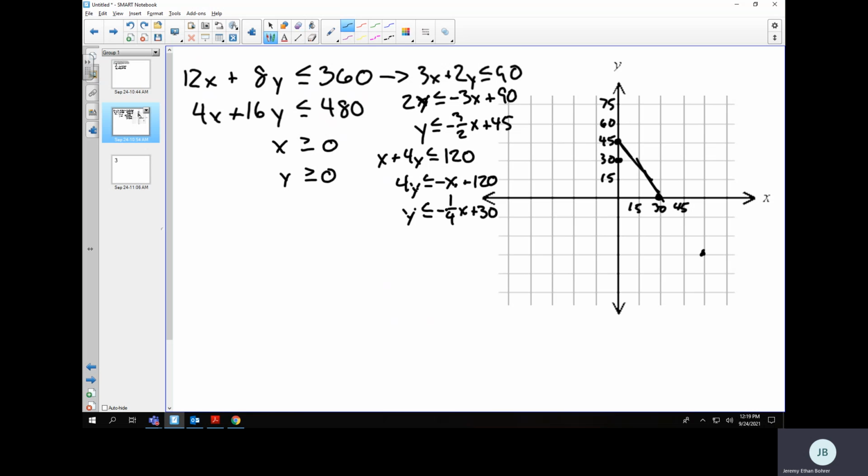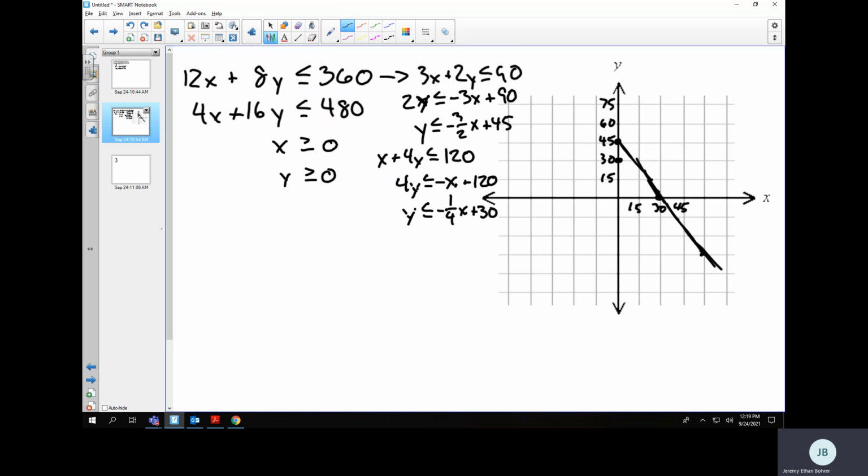And since we know everything has to be greater than or equal to 0, it doesn't really matter if we do anything above the x-axis or to the left of the y-axis. Okay, so then our next one, we've got negative 1/4 x plus 30. Well, that's going to go through the x-axis at 120. So let's find some other points we can plug in here.